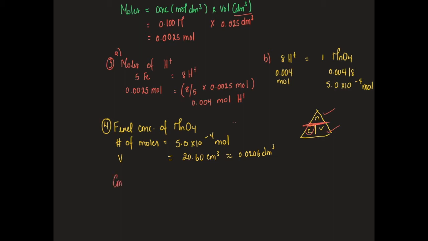So concentration of permanganate is equal to number of moles, 5.0 by 10 to the negative 4 mole, and we're going to divide that by 0.0206 cubic decimeters. And that's going to be 0.024 mole per cubic decimeter. And that's your answer.